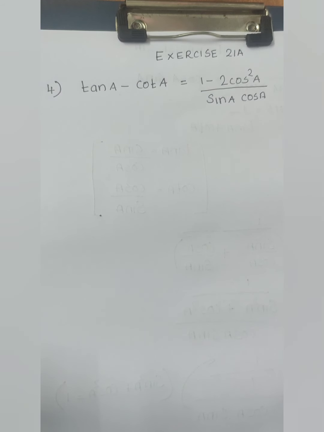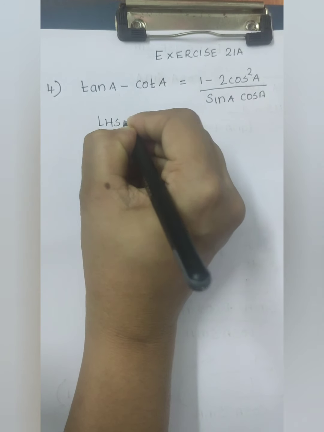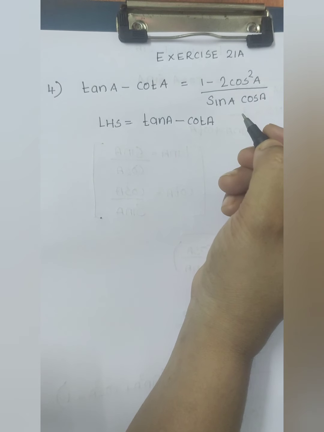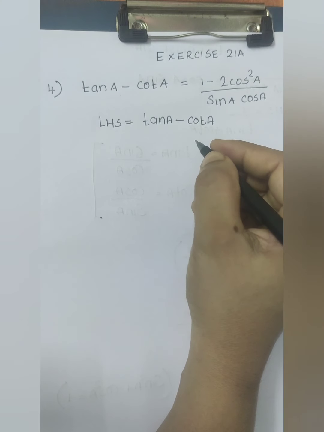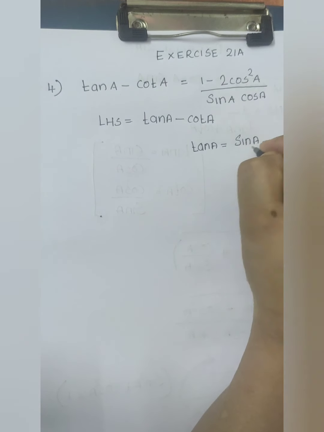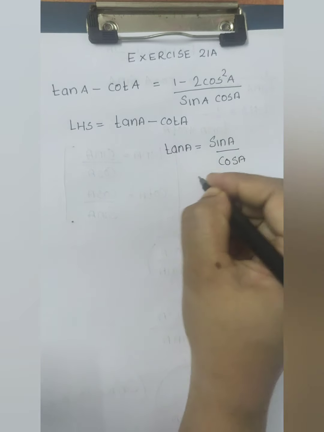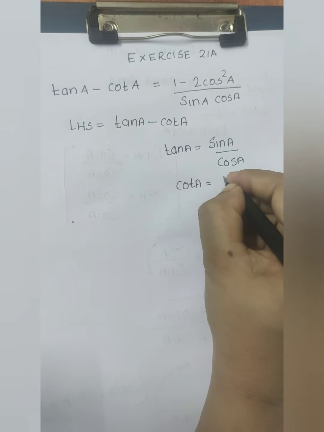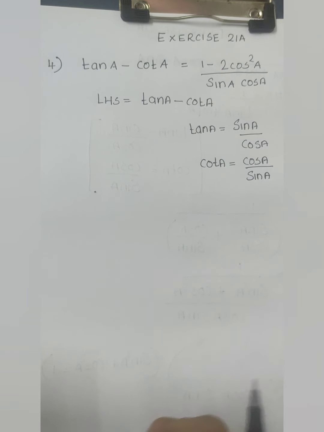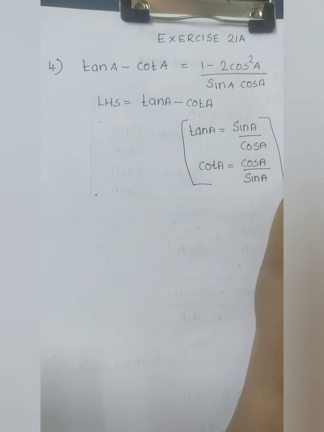Question number 4. Prove that tan A minus cot A is equal to (1 minus 2 cos square A) divided by sin A cos A. So LHS equals tan A minus cot A. And we have tan A equal to sin A by cos A and cot A equal to cos A by sin A. And we have to use this relationship here.